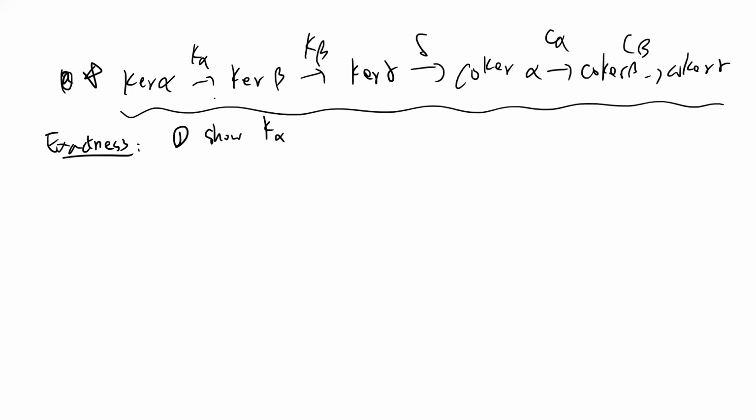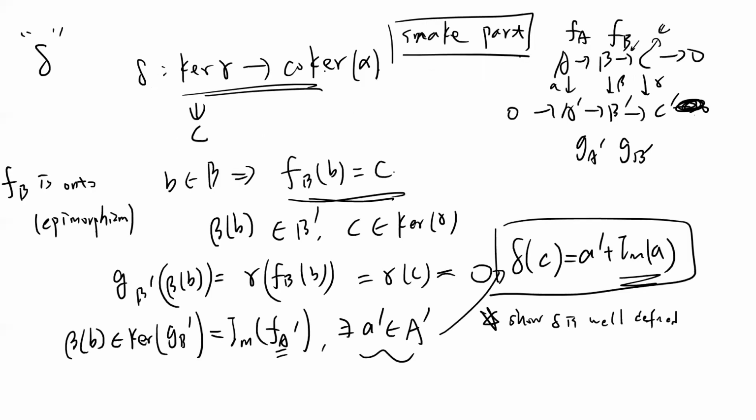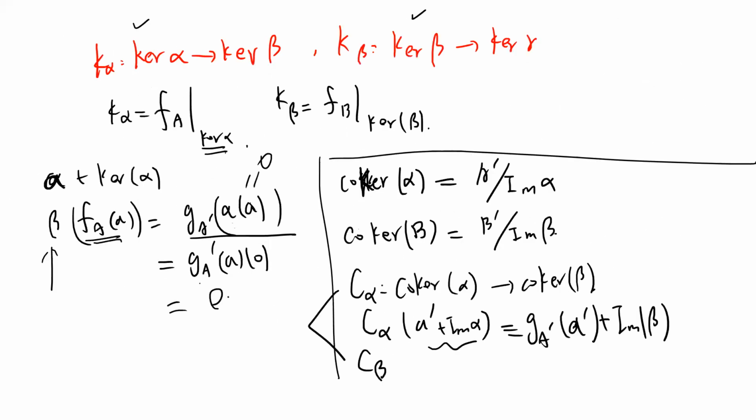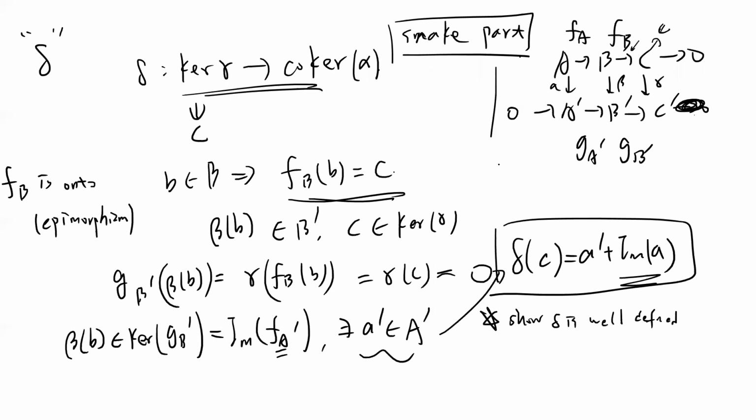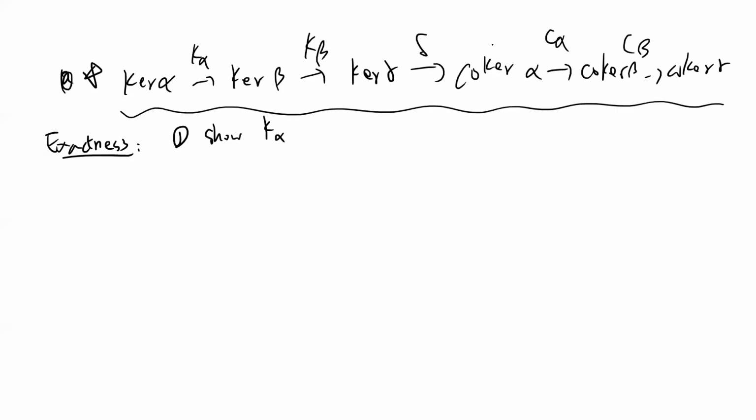You should write down this diagram from the textbook somewhere, in a table. I know that the top row is exact, so the image of F A is the kernel of F B, which means F B F A is 0.